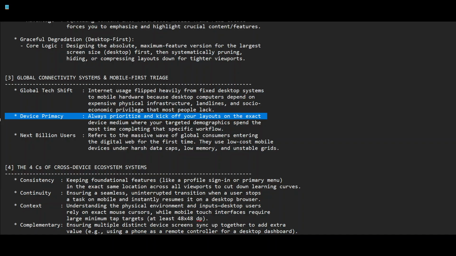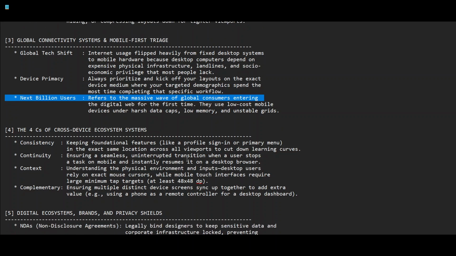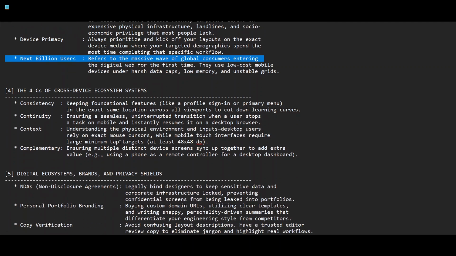Okay, and the next billion users refers to a massive wave of global consumers entering the digital web for the first time. They use low-cost mobile devices under harsh data caps, low memory, and unstable networks. So most of the users use low-cost devices with fewer resources, lower quality screens, low memory, and data caps.